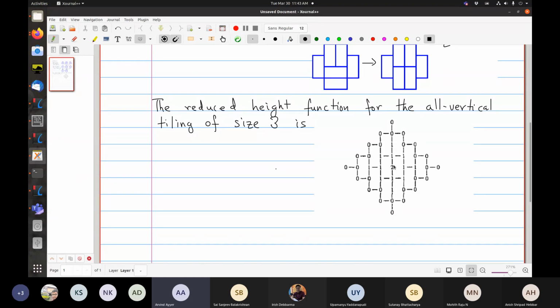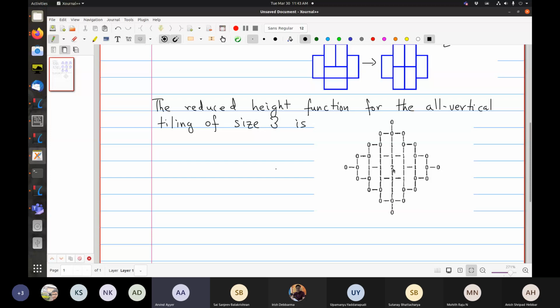So here there's only one vertex which has maximum height 2. So here you pick this vertex, reduce it by 1, and you will get a horizontal tiling. But then what do you do? You have so many ones, right?